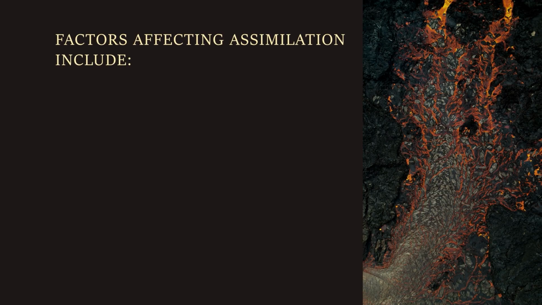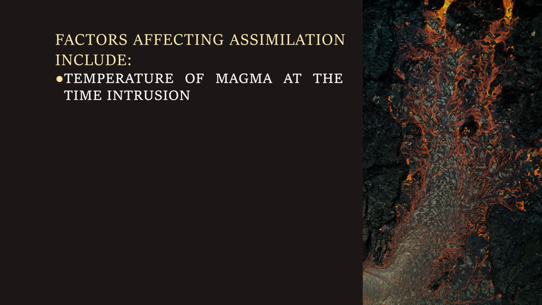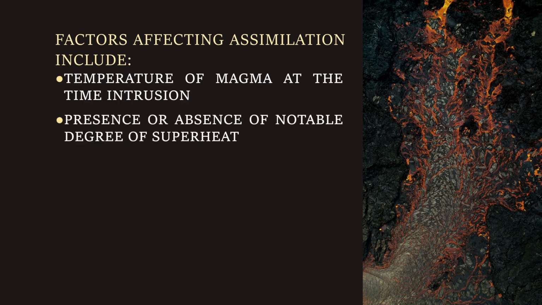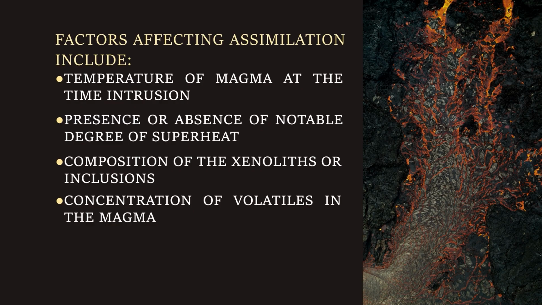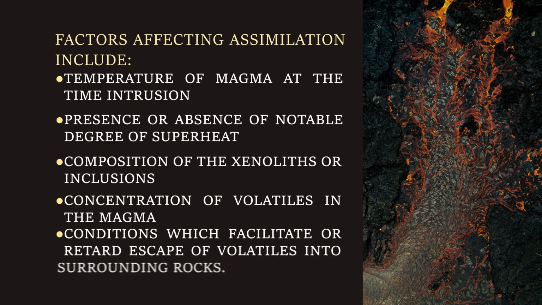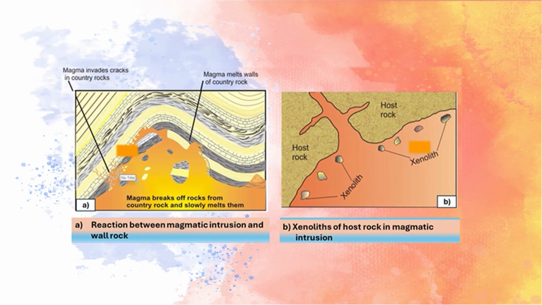And the factors affecting assimilation are temperature at the time of intrusion, presence or absence of notable degree of superheat, composition of xenolith or inclusion, concentration of volatiles in the magma, and conditions which facilitate or retard the escape of volatiles into country or surrounding rocks. You can see here the process of magmatic assimilation, wherein the host rock is getting assimilated or melted slowly in the magma chamber.